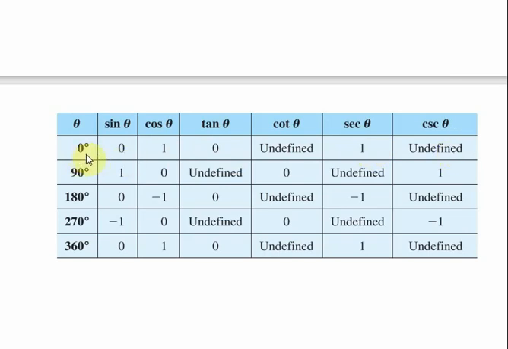That's for any point on the x-axis going to the right. The same thing for any point on our positive y-axis. We would have these values for our trig functions, and so on for all of the quadrantal angles. And this is going to be useful to know as we move along in trig.